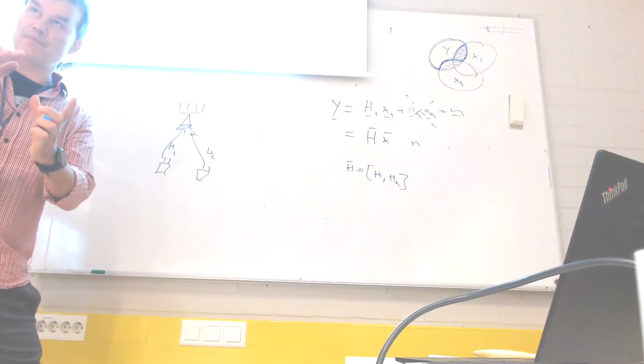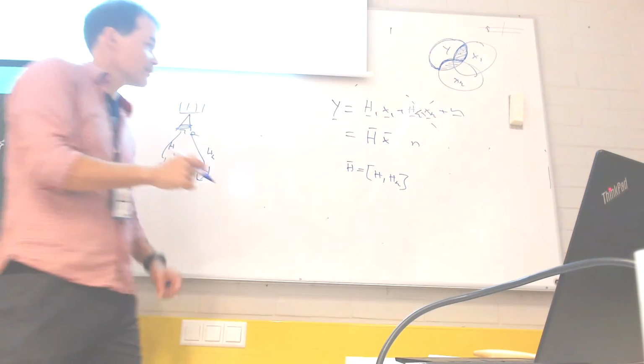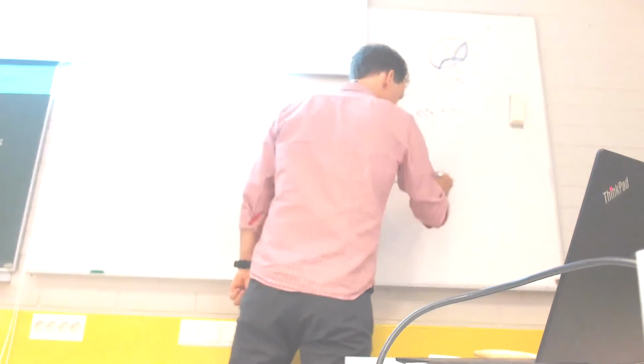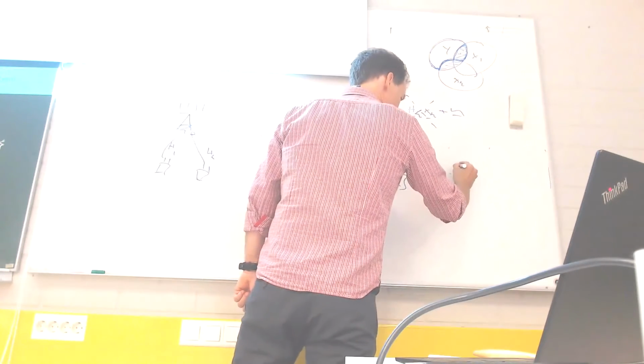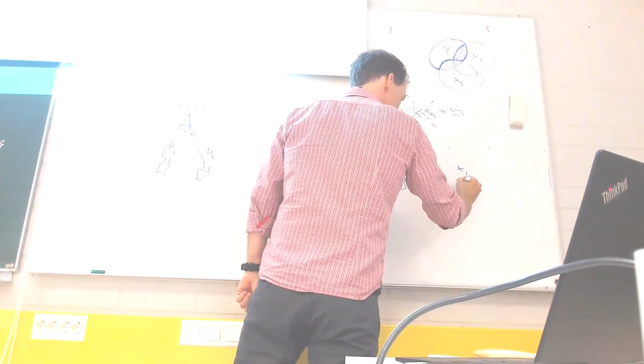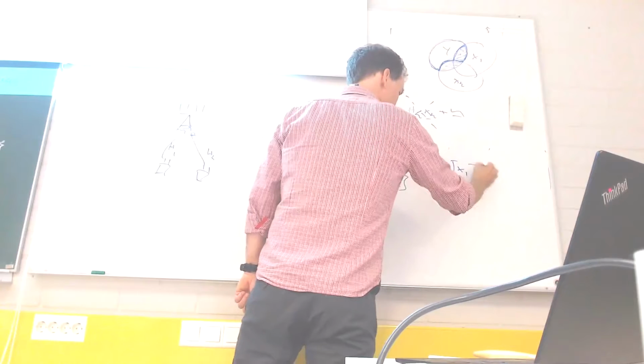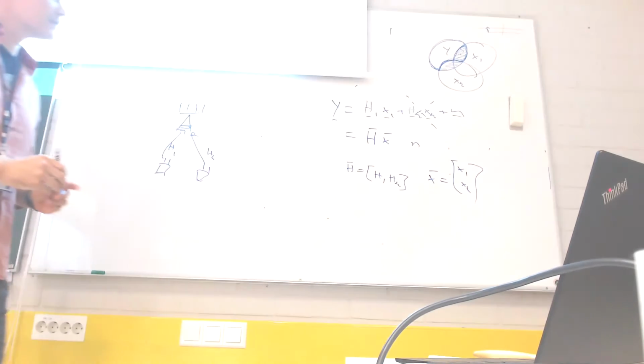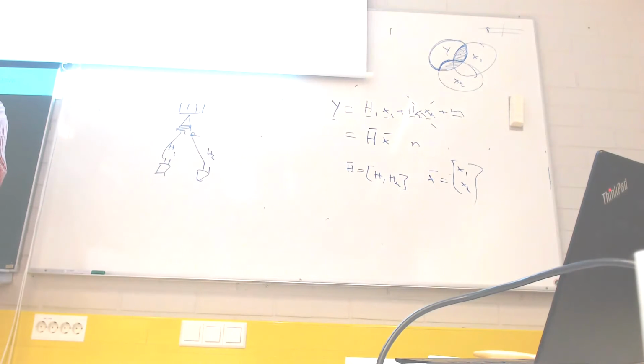It's a matrix where you stack the channel matrices of all the users, and X is similarly stacked. It's equivalent to a point-to-point MIMO.